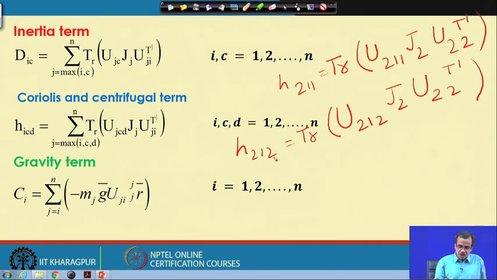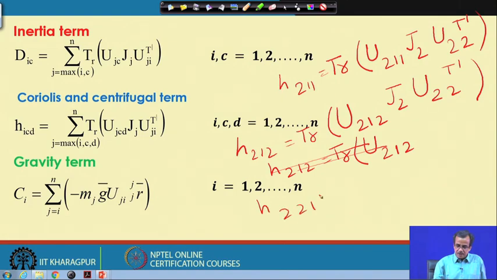Now, then comes h 212, that is nothing but once again, the maximum is 2, 2 to 2. So I will be getting the trace of u, j equals to 2 here, then c d 212, sorry. I am just trying to find out actually h 221.